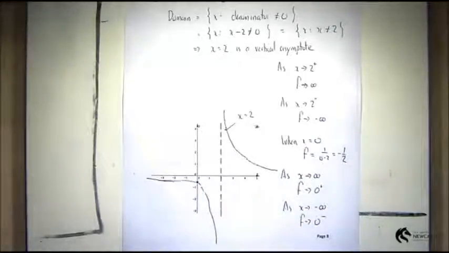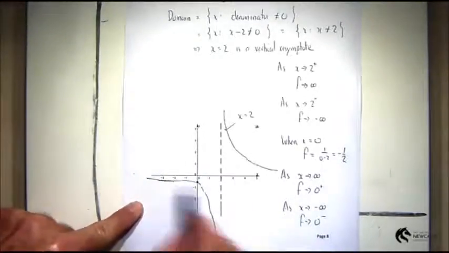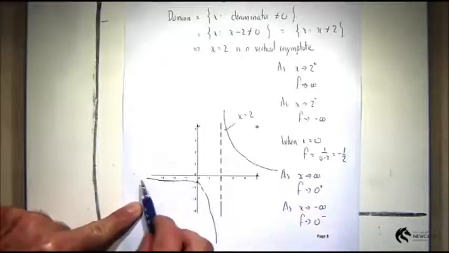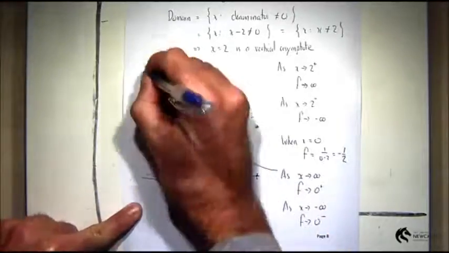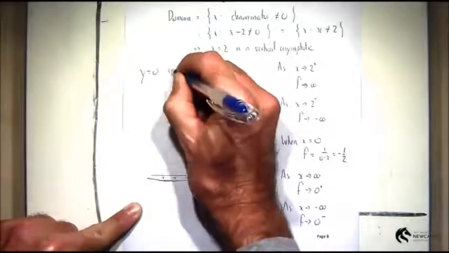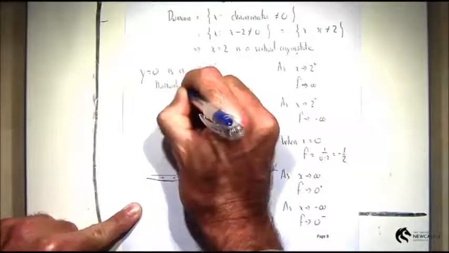That is harder than what I'm going to get you to do in any assessment task, initially. We're going to come back and do some more of this later. The other interesting thing here is notice how this graph gets closer and closer to 0 on that side and closer to 0 there. So this is also an asymptote. In fact, the line y equal to 0 is a horizontal asymptote.